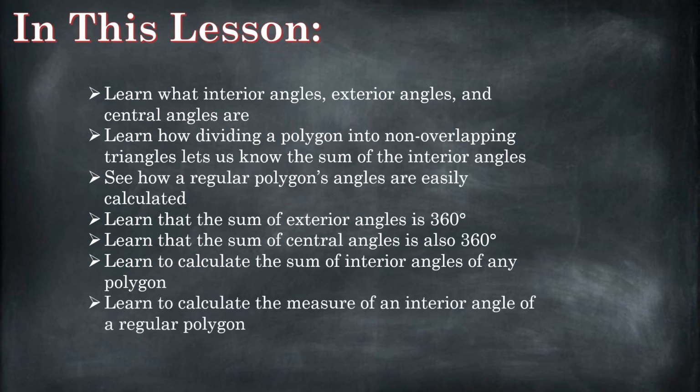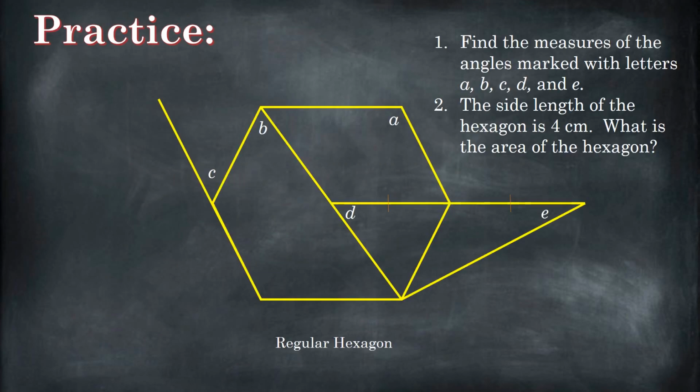And man, we just killed it. We nailed it. So I think we got all of that there. So here's what I'd suggest. This practice problem right here, I would look over your notes as you're working through this. Everything you need to answer this question, to figure out what the measurements of angles A, B, C, D, and E are, is contained in the notes that you would have taken from this lesson.